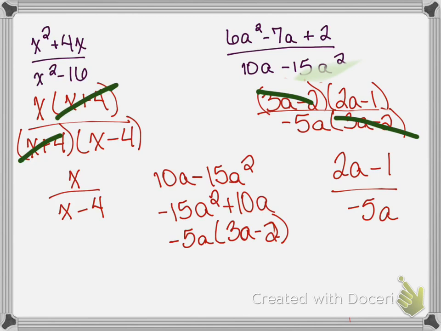The other thing that might happen is this negative might get moved right here. Okay? That's also acceptable. This answer right here is 100% correct. You will get full credit for that. You will also get full credit for this.